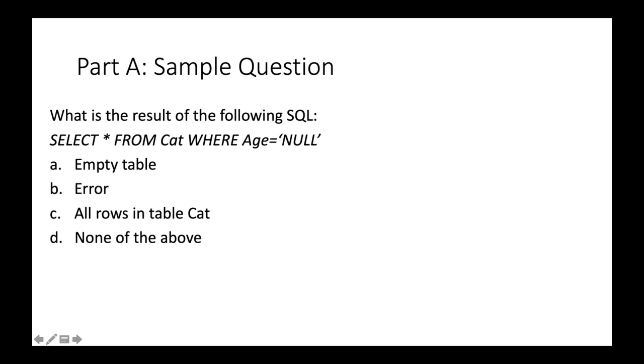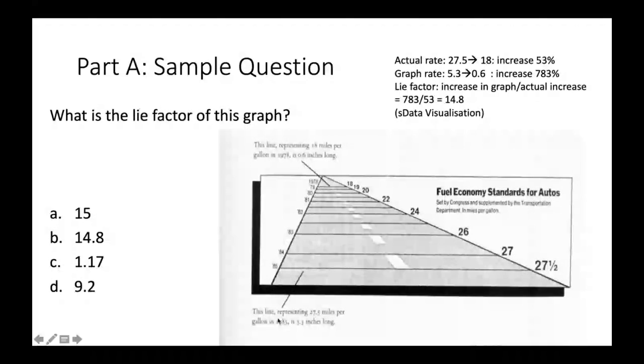So remember that is the last sentence, right? In the last sentence, this line representing 27.5 miles per gallon in 1985 is 55.3 inches long at the bottom. You can see the line at the bottom.